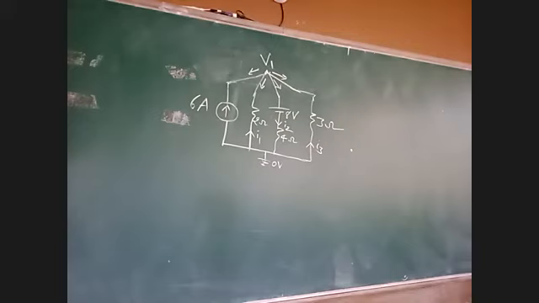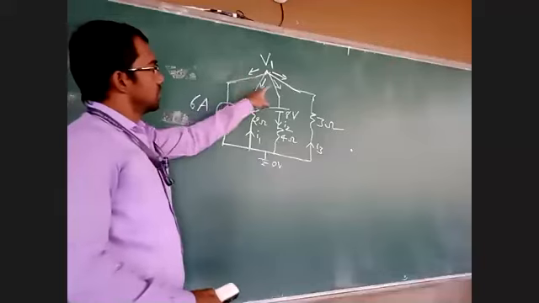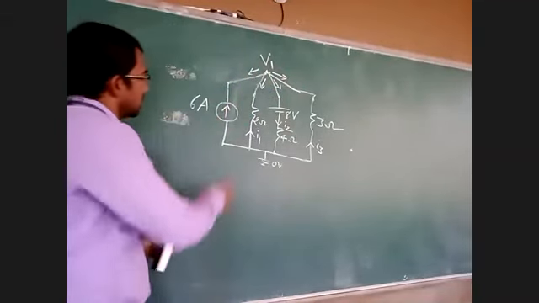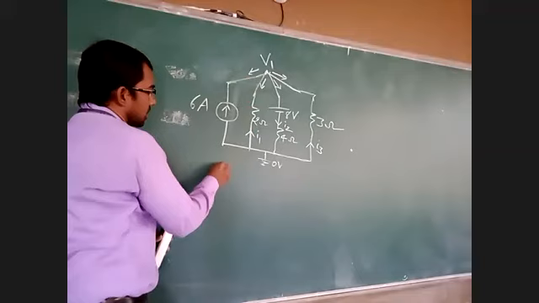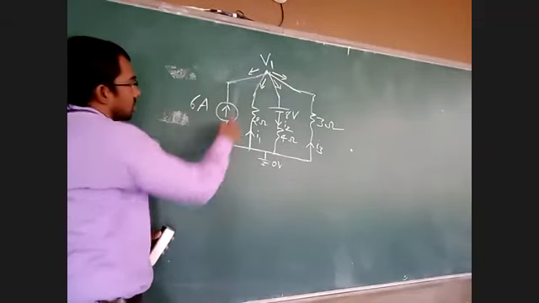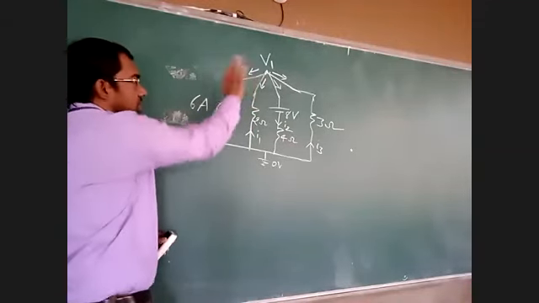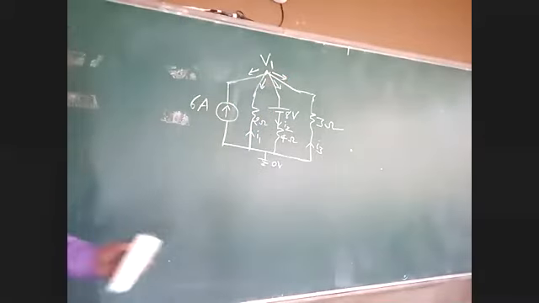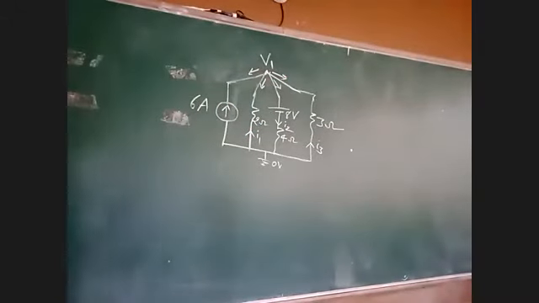Let us say this is I1, I2, I3, I4, our assumed current directions. So I1 plus I2 plus I3 plus I4, because all are leaving. If the current is leaving, we will take plus.